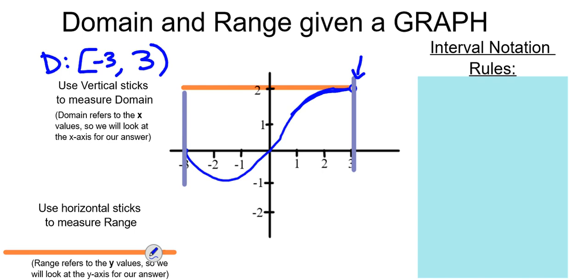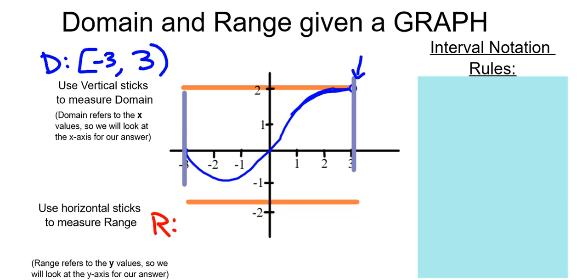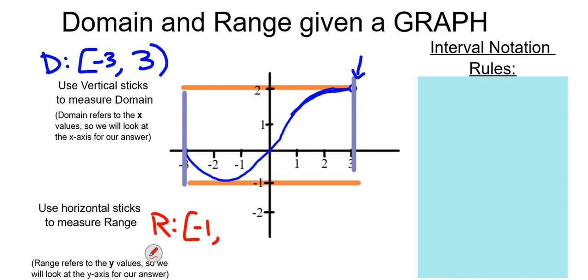So the range has to start with how low is the graph, and the graph looks like -1. Really maybe a little closer to -0.9 or something, but let's just agree it's -1. So the range is going to start at -1, and then it's going to stop at 2. That's the highest point, but there's an open circle at 2, and so we're going to use a parenthesis.